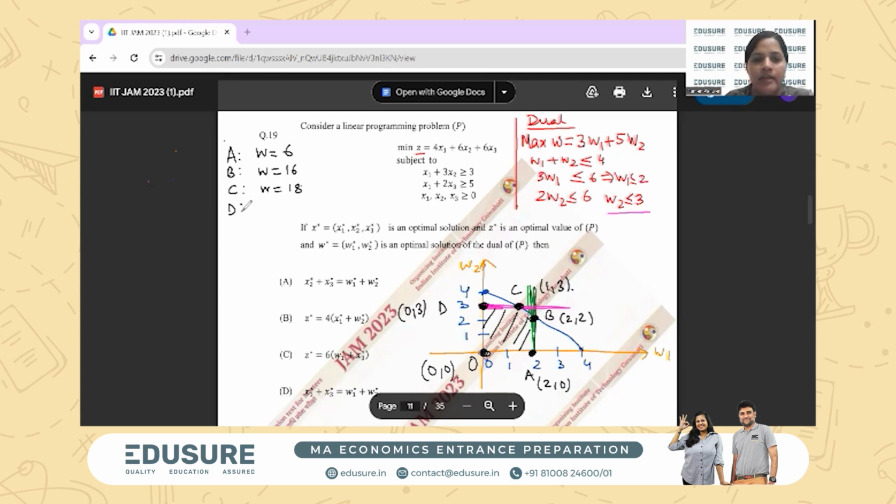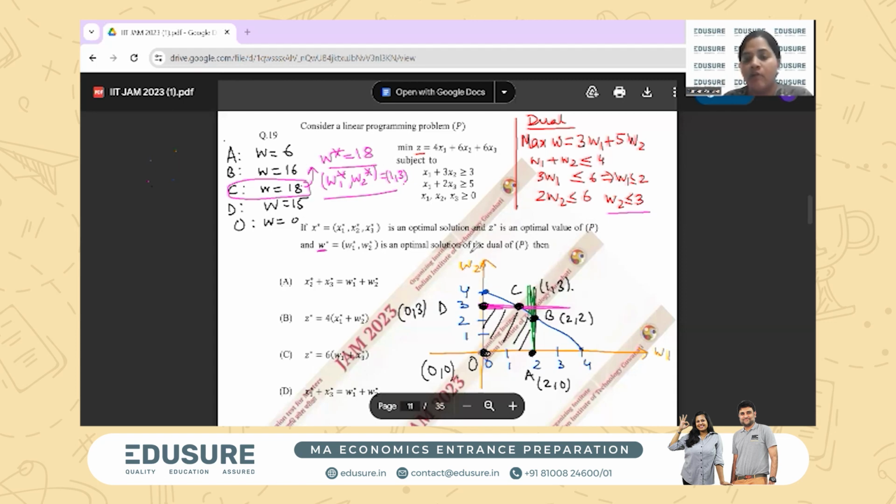Okay. At the point D, 0, 3, it is going to be 15. And at the point O, W is going to be 0. Since my problem is the maximization problem, this is my answer. So W star, which is the optimal solution, is equal to 18. And W1 star, W2 star is going to be 1, 3. Okay. So this is my observation from the solution of the dual problem.